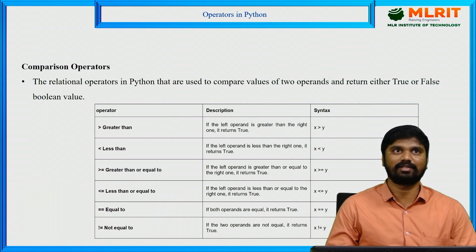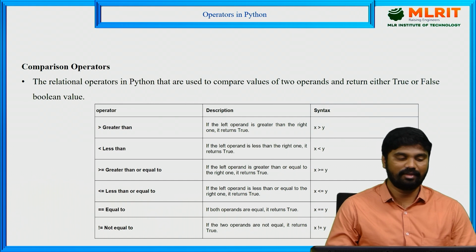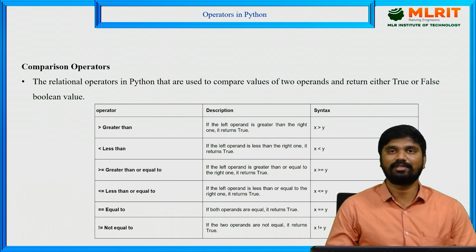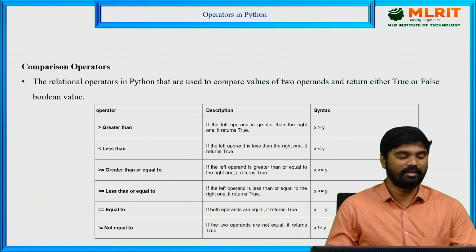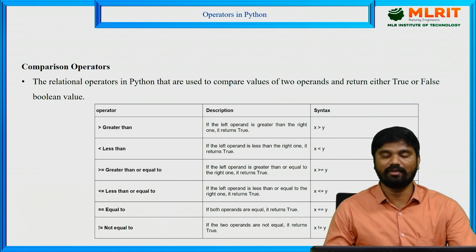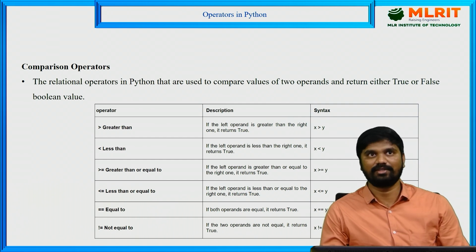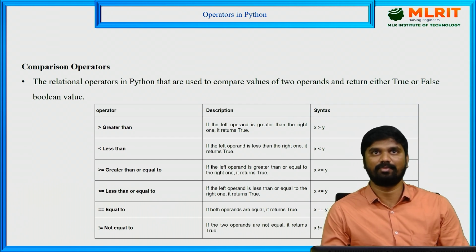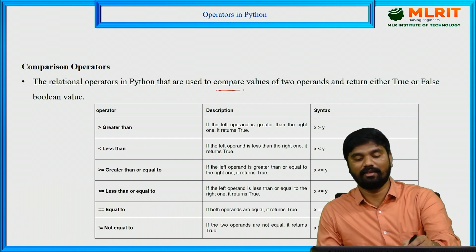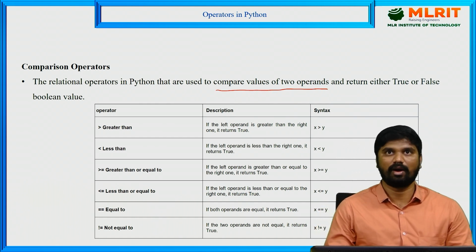So what are comparison operators? Comparison operators are also known as relational operators. These relational operators in Python are used to compare the values of two operands.